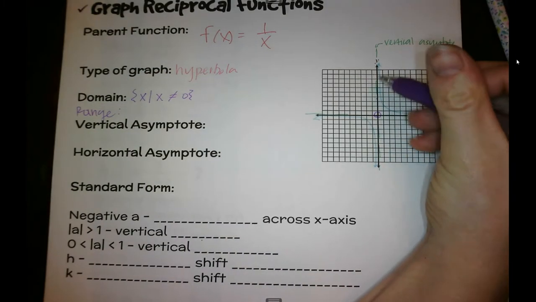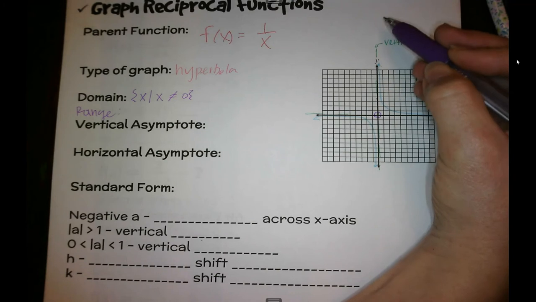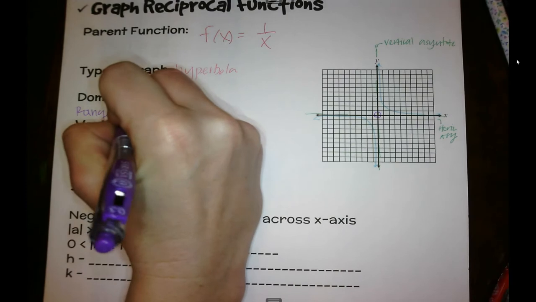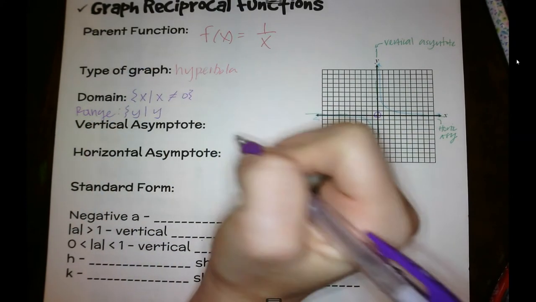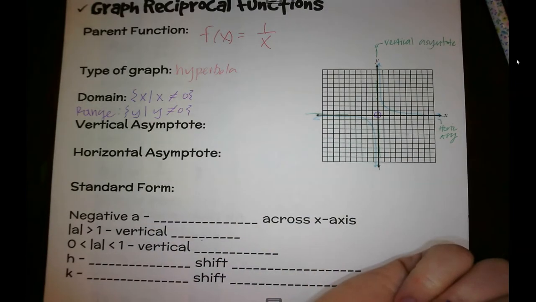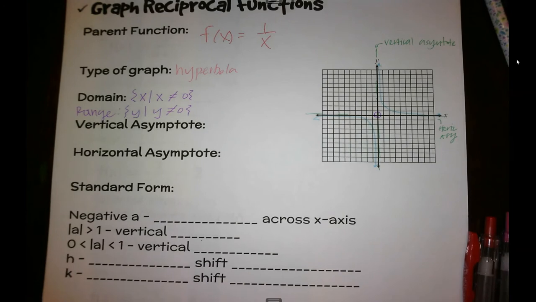Same thing with our y's. Our y's continue on all the way here, and they continue on all the way up, but they're never, ever going to hit that 0. So same thing, our range of our y's is going to be y does not equal 0. This is what makes this interesting with our asymptotes: our domain and range are now written as x does not equal a number, and our range is y does not equal a number.